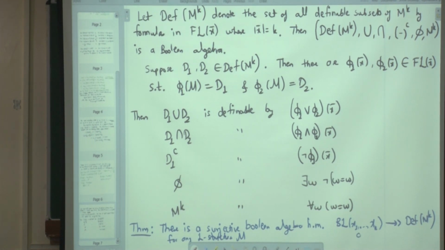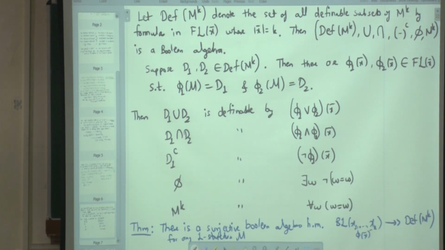The map sends phi of x bar, the logical equivalence class of this phi, to the set defined by this. So this is a surjective Boolean algebra homomorphism.